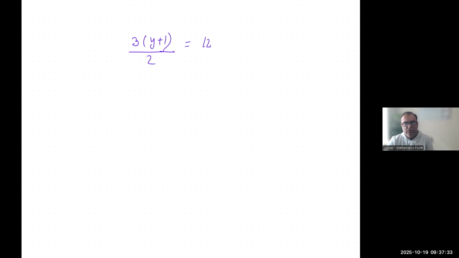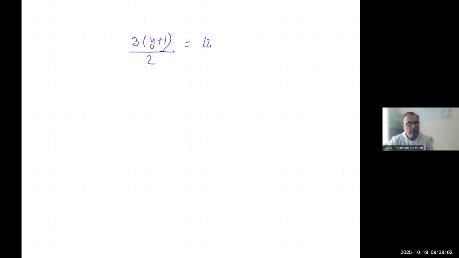So what's the first number you want to get rid of here? I mean, I can get rid of any number, honestly speaking, but 2 is the easiest one to get rid of. So let's get rid of the 2 first.